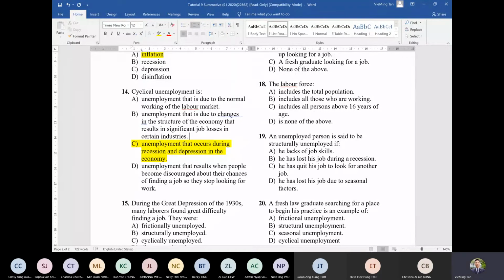Can you answer, Jason? Unemployment that is due to changes in the structure of the economy that result in significant job losses in certain industries. So structural unemployment? Yes, correct. B is more likely to describe structural unemployment. Then how about D, Denmark?